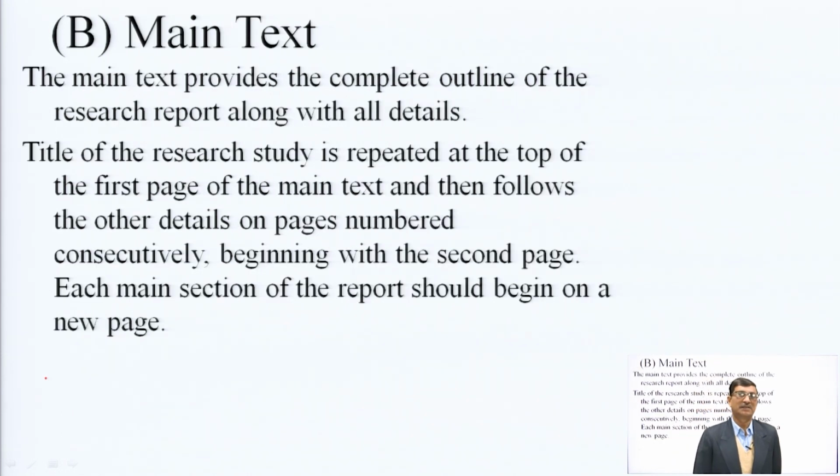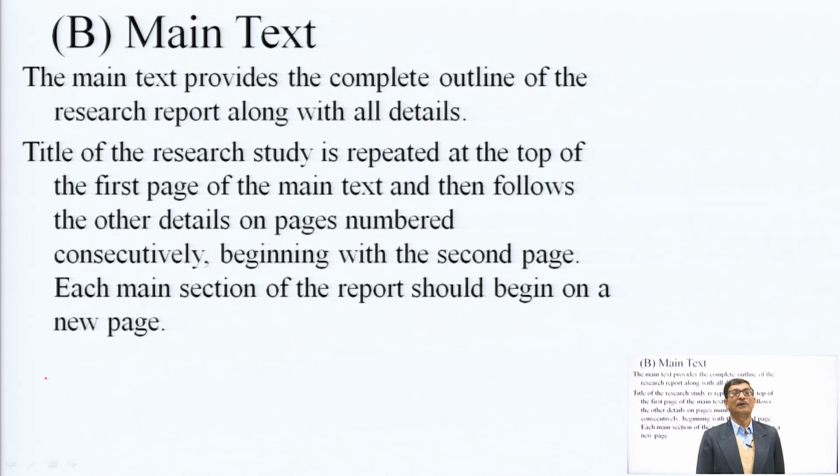Second is the main text. When we write our report, the second item is the main text, which provides the complete outline of the research report along with all details. The title of the research study is repeated at the top of the first page of the main text and then follow the other details on pages numbered consecutively beginning with the second page.